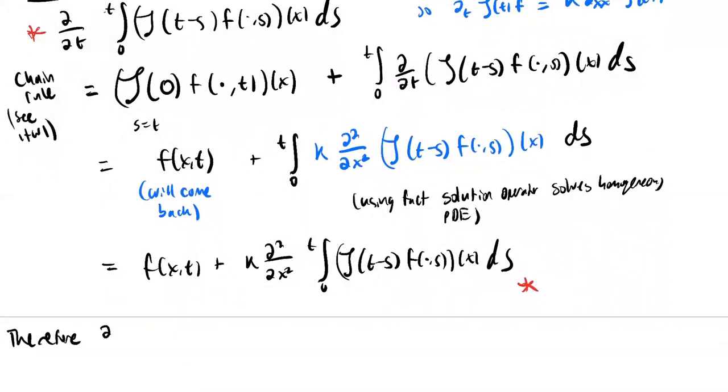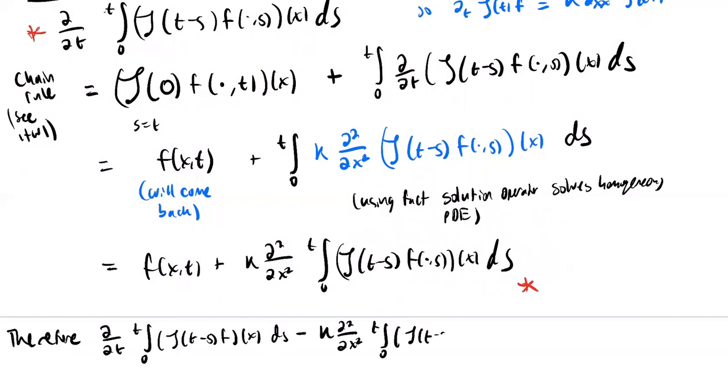if I take the derivative with respect to t of this integral of the solution operator applied to f, and I subtract k times the second derivative with respect to x of the same thing, I'm just bringing over the term that I started in red to the other side of the equation.